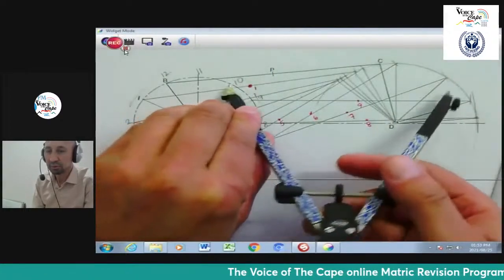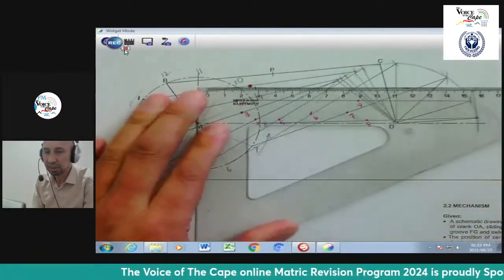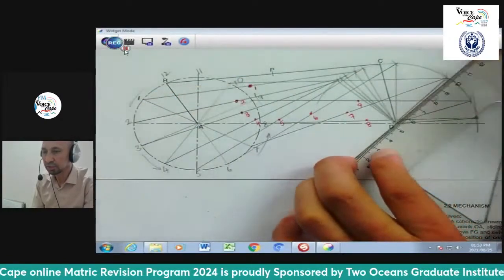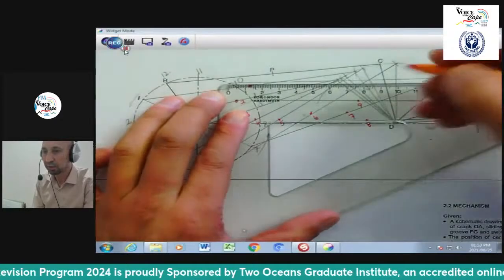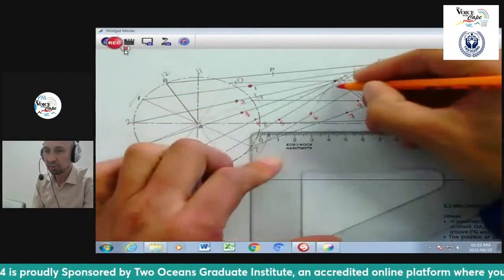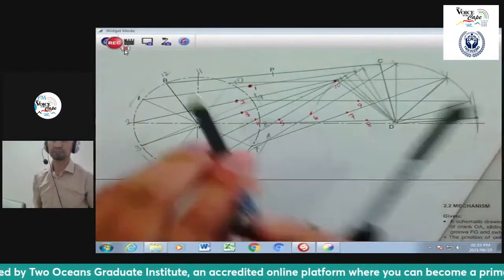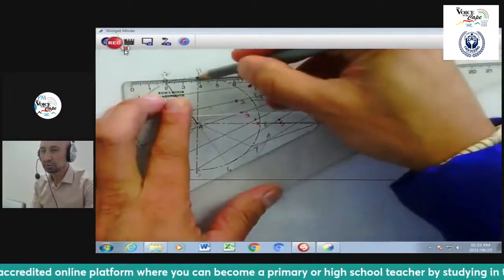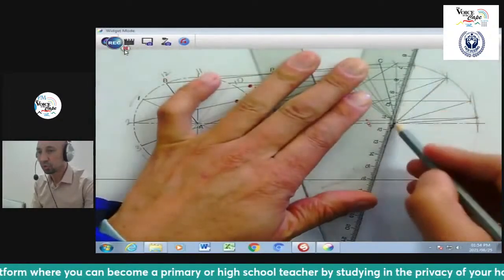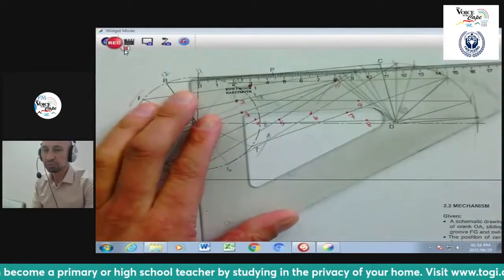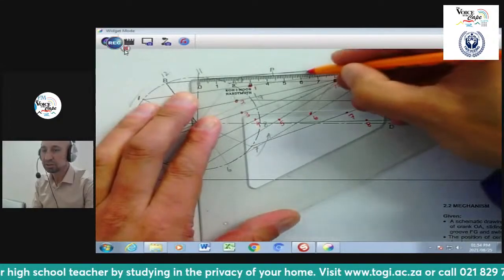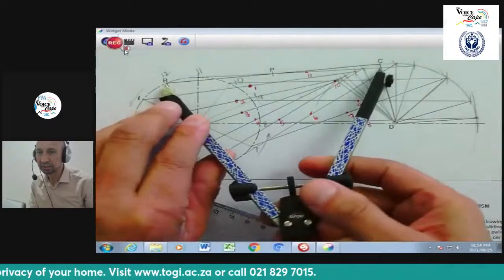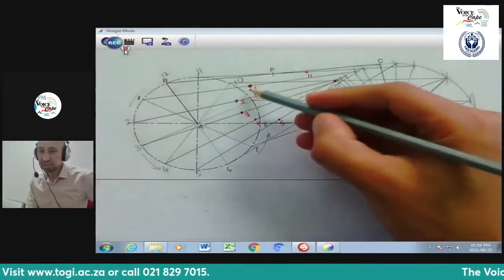And then number 10, I draw the line to number 10, and you will see it duplicates that line of my rocker there. 63 from number 10. And the last one, number 11, you will see there, I cut it off on the oscillation movement, draw the rocker, and then measure from number 11 on the circumference, 63, to have my 11th point, which is my final point. And then obviously that is the 12th point, which is point P.